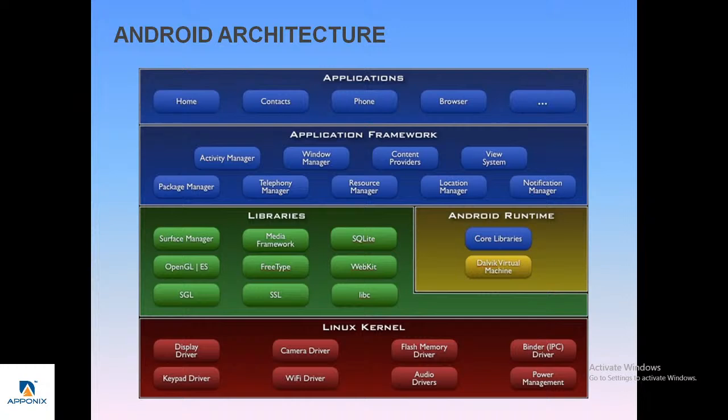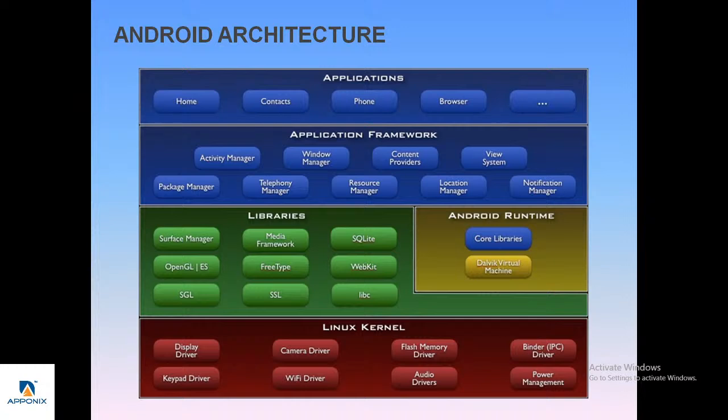Next is the telephony manager. The telephony manager we use mainly to make a call and to receive a call, for dialing and receiving. See, the phone is one of the pre-installed applications.